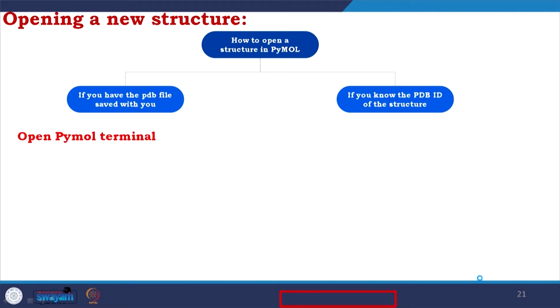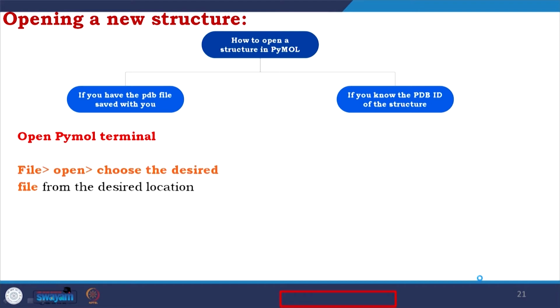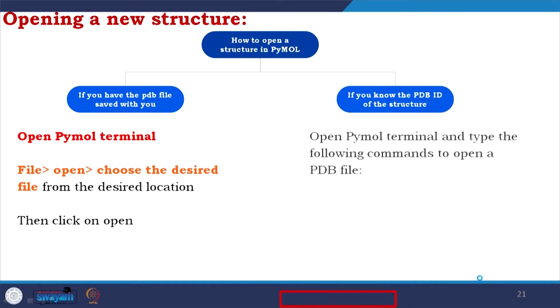If you have the PDB file saved with you, you open the Pymol terminal, you go to file, open, and choose the desired file from the desired location. Then click on open and you get the PDB structure displayed on your display window, which I showed you.